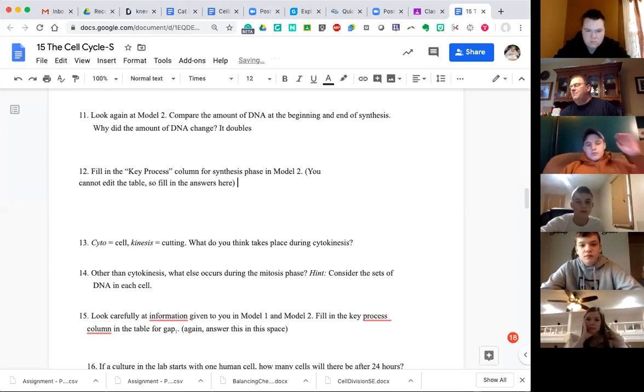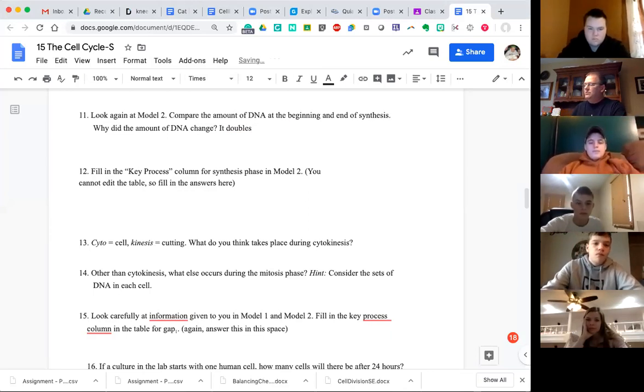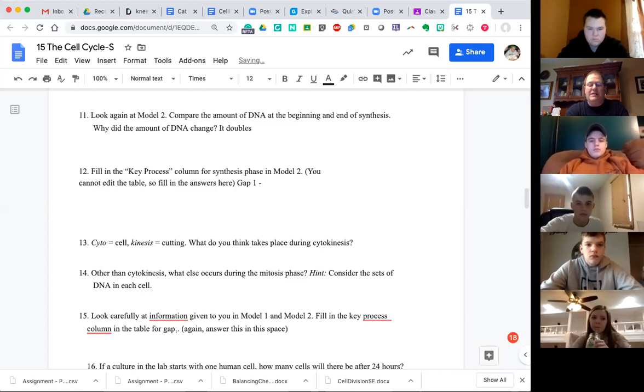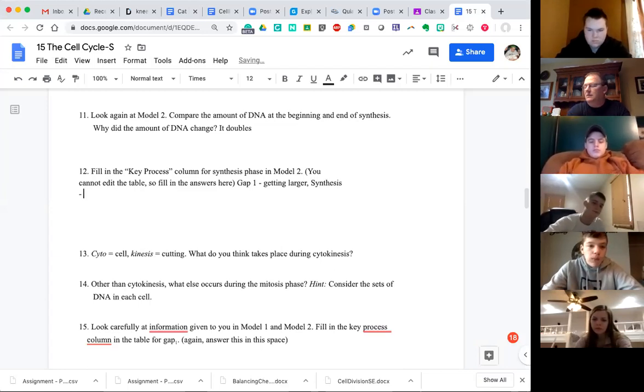Okay, fill in the key processes at 12. Again, you can't really type in Model 2. So gap 1 is, it's getting larger. The S, so the synthesis, is DNA is replicating.